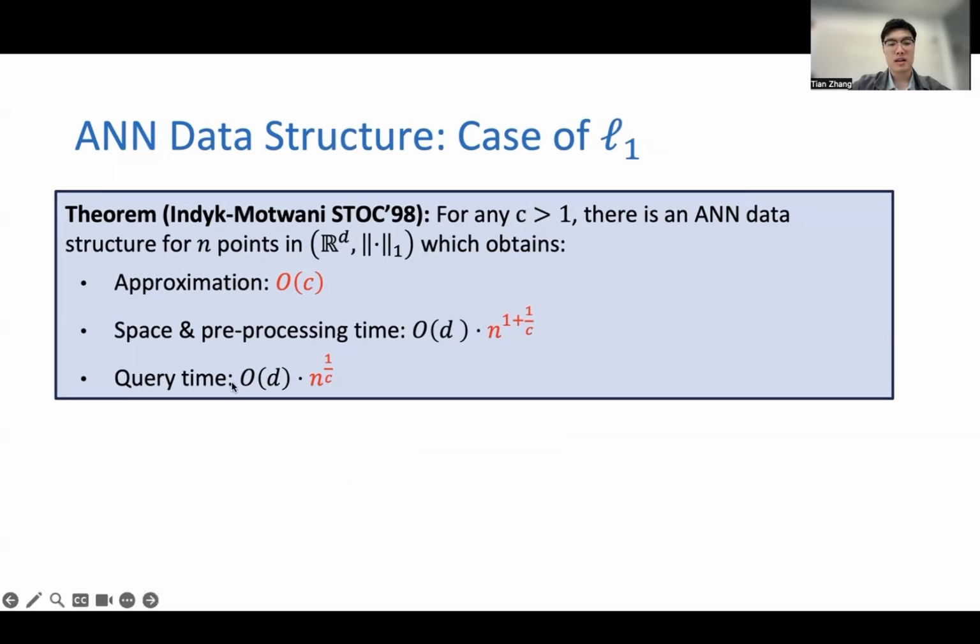And the query time is n to the 1 over C, which is sublinear, which means we do not scan all the data set points for one single query. So this is good. And we will take this as a benchmark for our ANN for EMD.